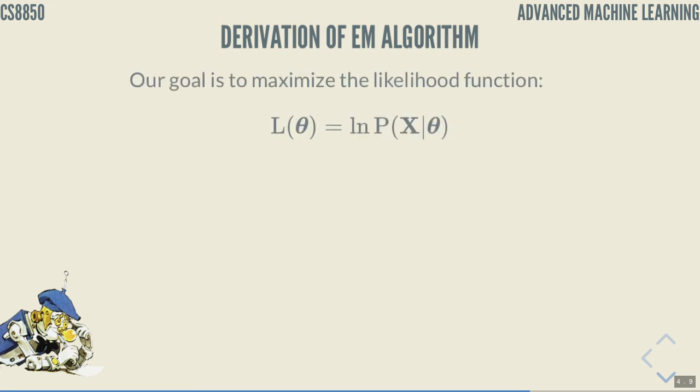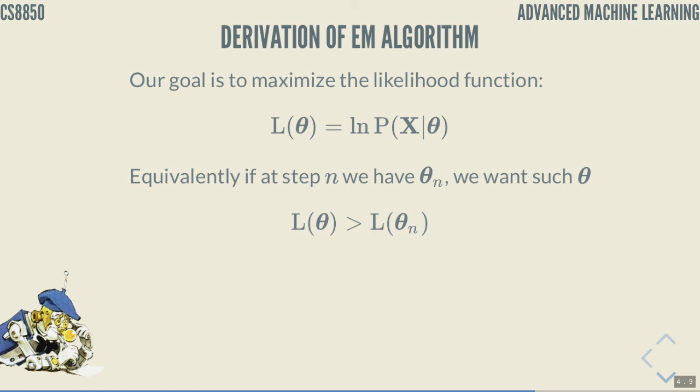So our goal is to maximize the likelihood function. L is the likelihood function, a function of the parameters, as you remember. Well, actually, it's the log likelihood, as I write it there.